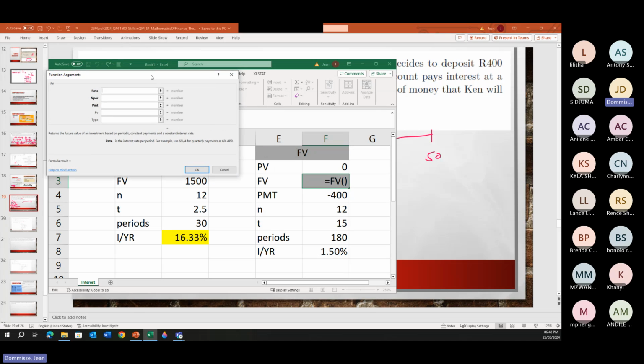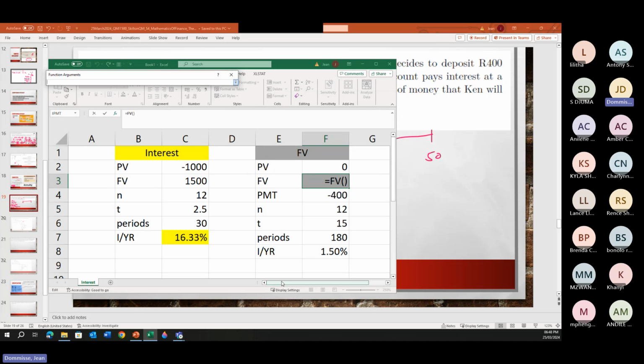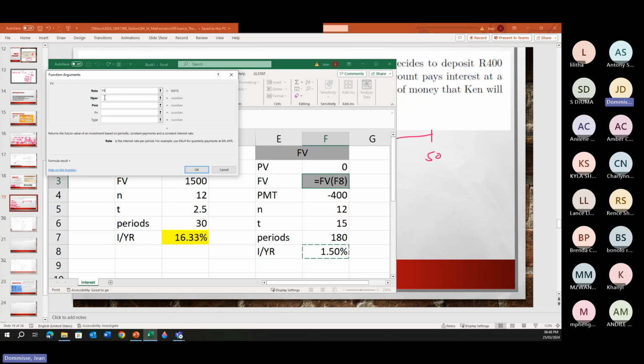So it asks us for the rate. So I'm going to put that in. We need to maybe change it a bit. Number of periods was 180. The payment was minus 400. There wasn't a present value, so that's why I just added it. And they told us payment is at the end of each month. So let's put that in as the default.